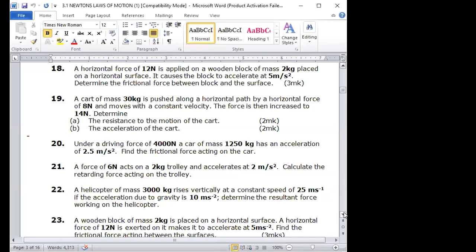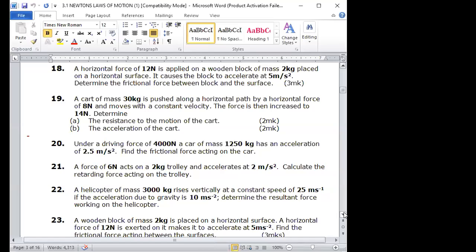Waiting for the answer from you. Sami Mushiri, what are you getting? 2 newtons. Sami Mushiri, I can't hear you. 2 newtons.